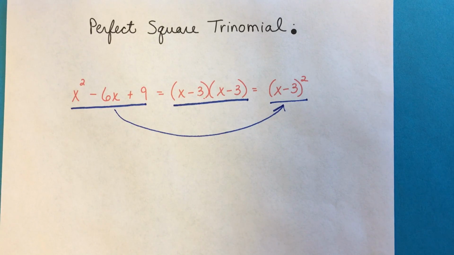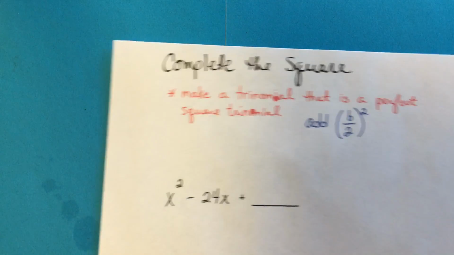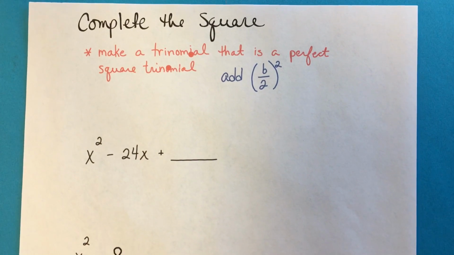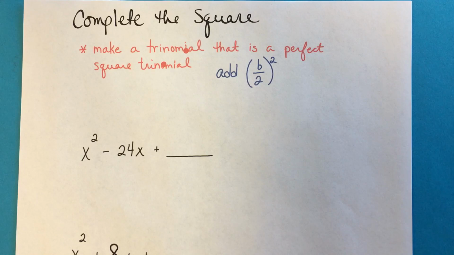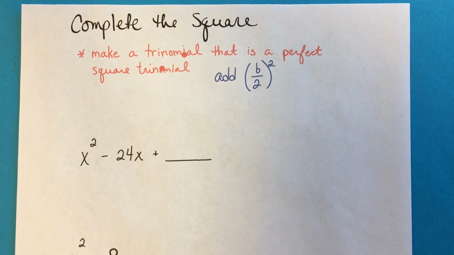Okay, so just kind of practicing a little bit here on figuring out how to get a perfect square trinomial. Again, this is still not the whole process of completing the square, just getting us used to doing a couple of things.